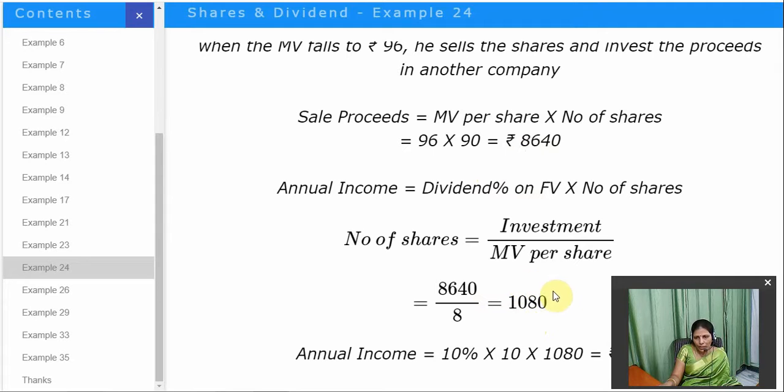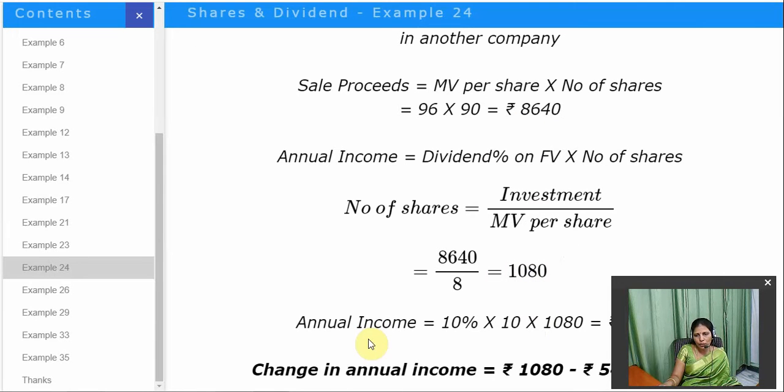And for these 1080 shares, what is his annual income? Annual income is equal to dividend percentage on face value into number of shares. So for the second company, the dividend percentage is given as 10%. This is the face value, and the number of shares is 1080. So substitute here and you will get the annual income.